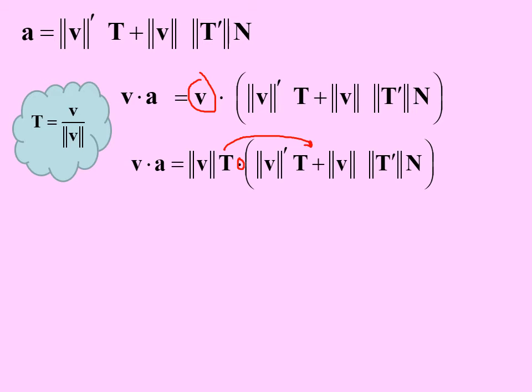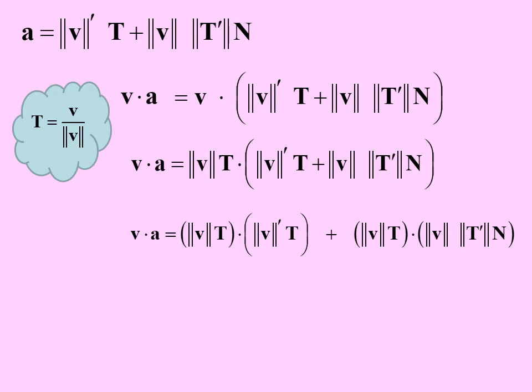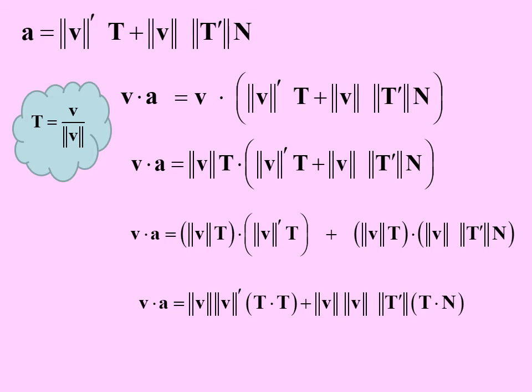See the T's and the N's. Associative property, distributive property used on this would give us this. And then we'll use the properties again, and we come up with these quantities.